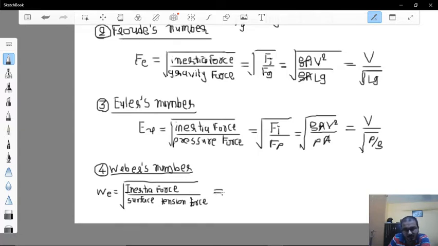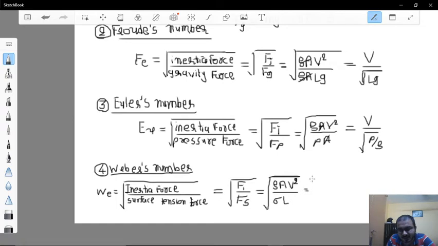Is equal to square root of Fi upon Fs. So this is equal to square root of rho A V square divided by sigma into L.